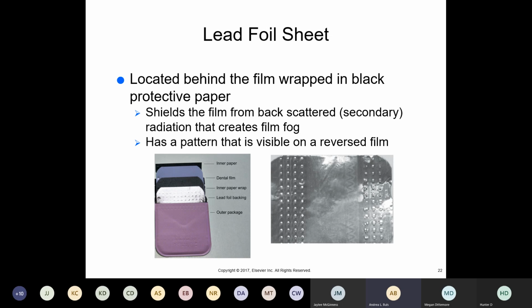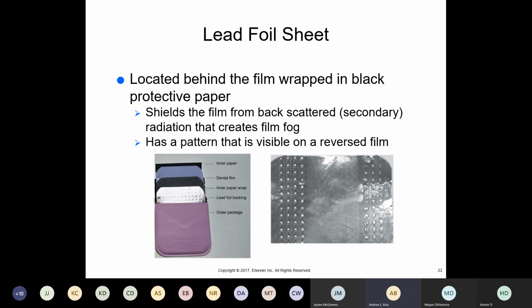So pay attention to, if you look at this piece of lead, you can see the little dots that run in lines. If you were to put your film in your XCP holder, because they make XCP holders for film too, but if it was placed backwards so that your lead foil was facing the source of radiation, your image would come out with an imprint, which they call like a herringbone or tire tracks.